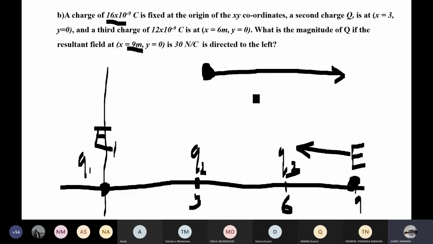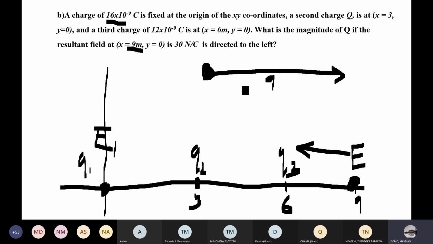What is the distance for Q1 with respect to the point charge? Folks, what is the distance for Q1 with respect to the point charge? It's 9, sir. So yes, thank you. It's going to be 9.